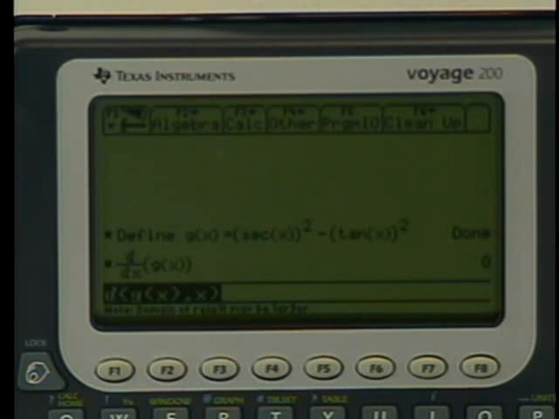And that's supposed to make you think, because what kind of a function has a derivative of 0? A constant function. So what's the point here? It must mean that secant squared minus tangent squared is really some constant of some sort. So then you're supposed to think and explain.